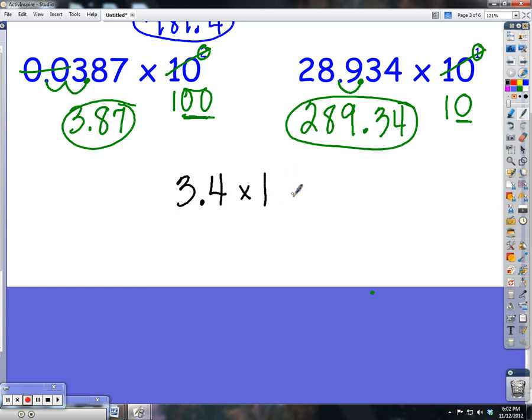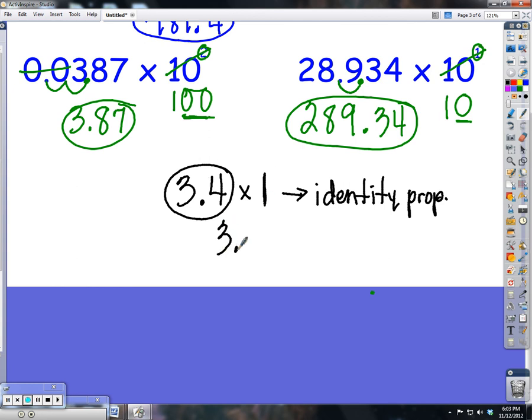Well, there are no zeros, so the decimal stays put. Once again, if you look really carefully, this is the identity property of multiplication. Remember, the identity property says when you multiply any number by 1, the answer is the number you started with. So our answer would be 3 4/10.